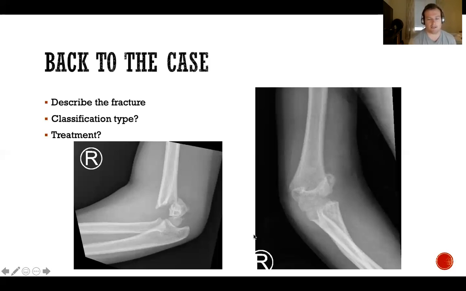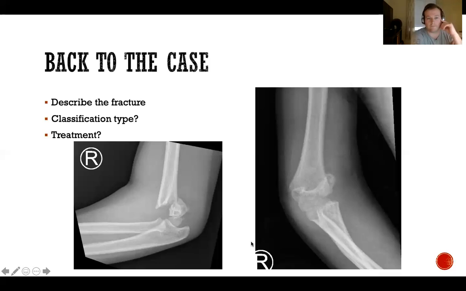Again, can't make the OK sign compared to the contralateral side. Make sure the patient knows what you're asking them to do, show that they can do it on the other side, to really prove that they can't physically do it. And then ultimately you take this to the operating room for percutaneous pinning, possibly opening if you need to.